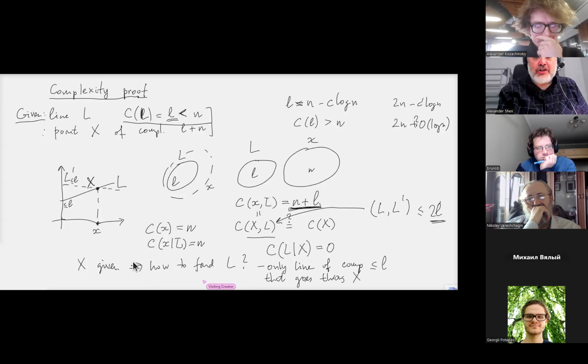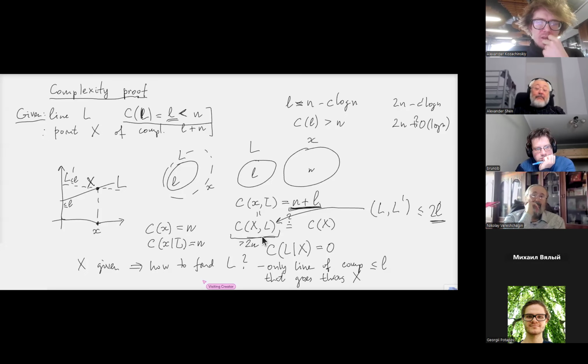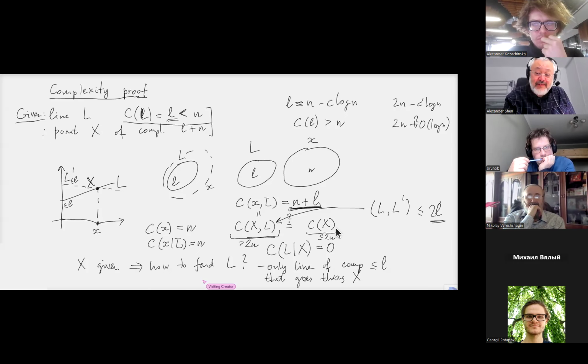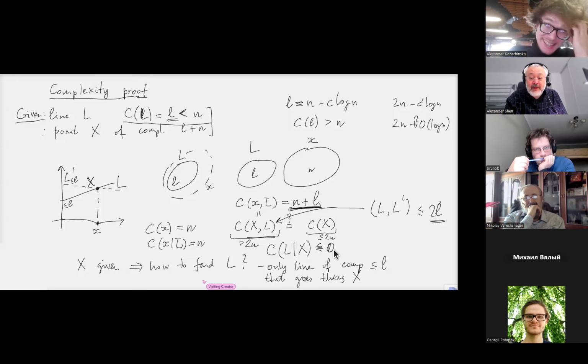If you take a point which is independent of L, you have something which is bigger than 2n here. The complexity of a point is of course at most 2n. So we have to bound the complexity of X given L, not by 0, but by something else. We need to show that the complexity of X given L is smaller than 2n minus L.